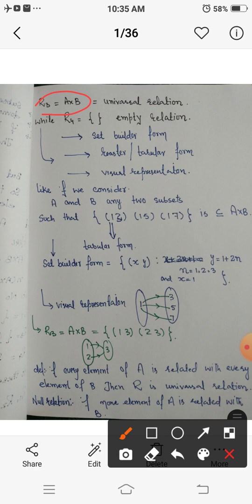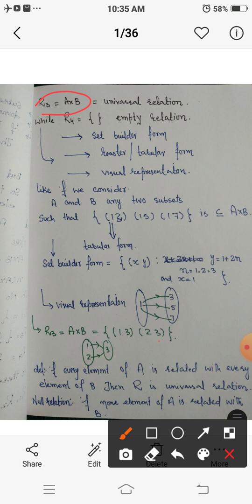In this universal relation, we consider each and every ordered pair from A to B. This means that each and every element of the first set, set A, is related with each and every element of set B. When this happens, such a relation is called the universal relation. That is, if every element of A is related with each and every element of B, then the relation is called the universal relation.